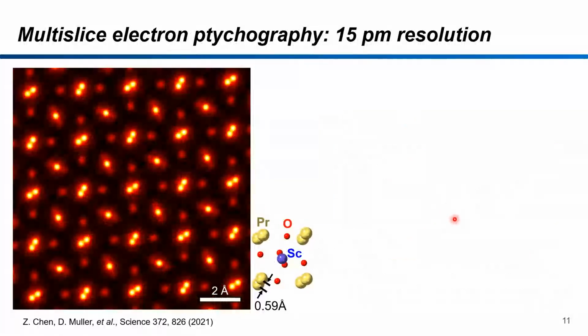For here, first we use this distorted perovskite oxide sample to demonstrate this multislice ptychography method. We achieved better than 15 picometer spatial resolution, and we can resolve this 0.59 angstrom projected distance, and also we can see the pure oxygen columns.